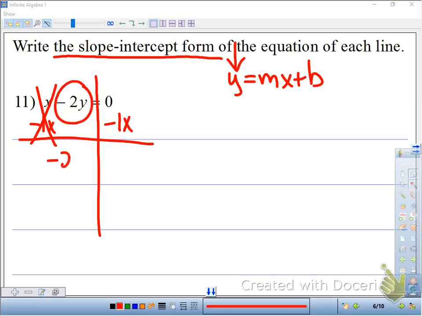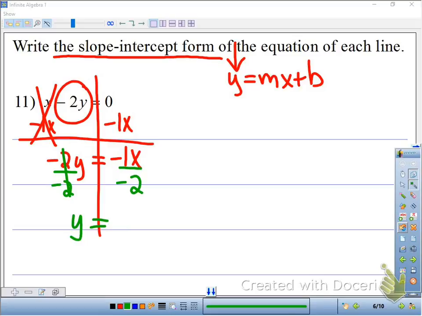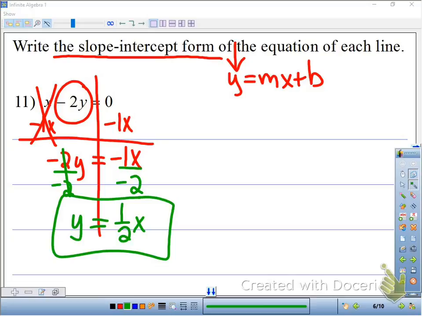And that's going to give me negative 2y equals negative 1x. Now, it's not necessary to write plus 0. Okay? If I add 0 to something, it doesn't change. My next step, I need to divide both sides by negative 2. So my answer would be y equals, negative divided by a negative is going to be a positive 1/2 x. And that would be my slope-intercept form.